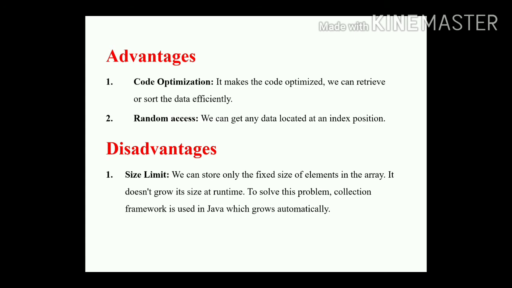It doesn't grow its size at runtime. To solve this problem, the collection framework is used in Java, which grows automatically. The advantages are code optimization and random access. The disadvantage is size limit.